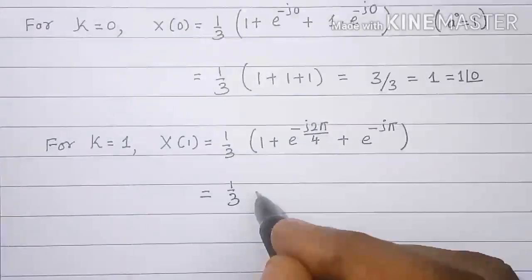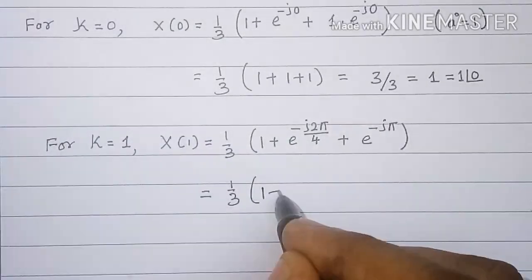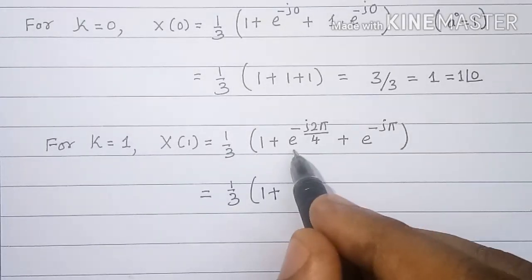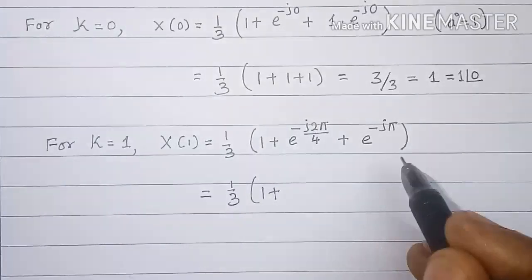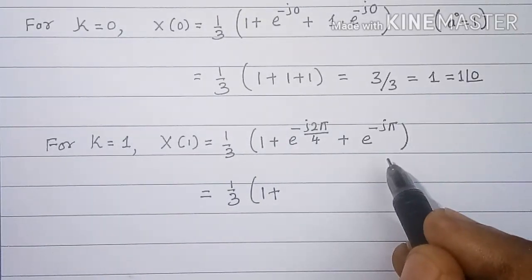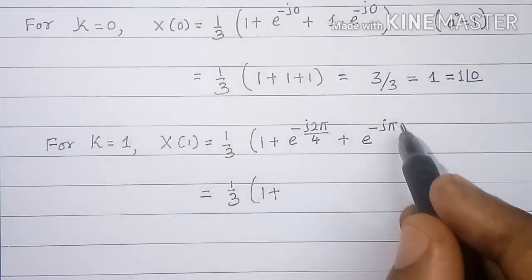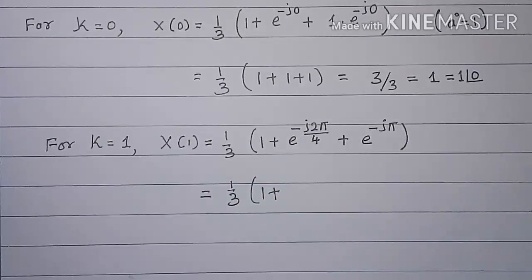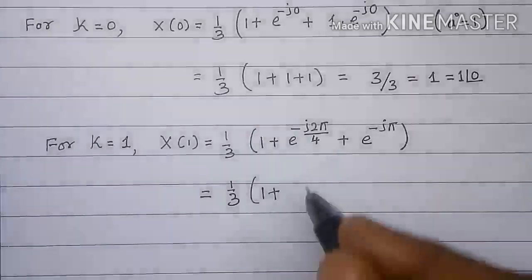Now 1 by 3 equal to 1 plus, we will express this exponent form and this exponent form in cos theta and sin theta.